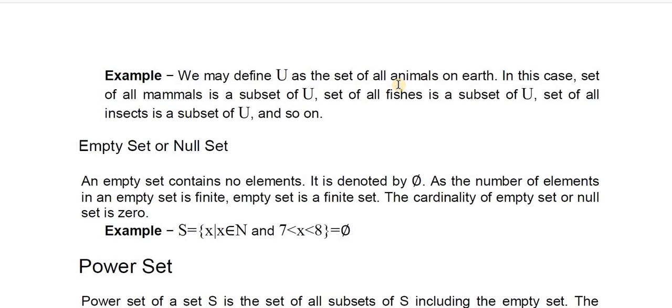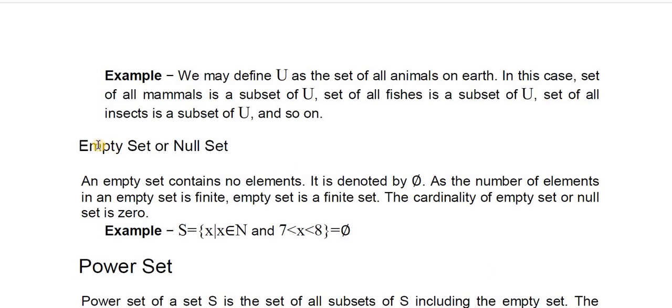In this case, the set of all mammals is a subset of U. Set of all fishes is a subset of that universal set U. Similarly, the set of all insects is a subset of U, set of all cows, set of all dogs, set of all deers, set of all rabbits, all these are the subsets of this universal set U.